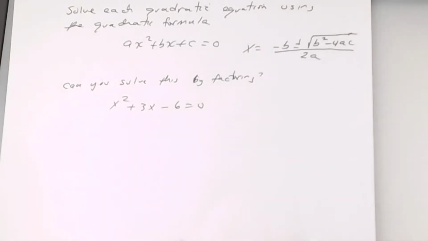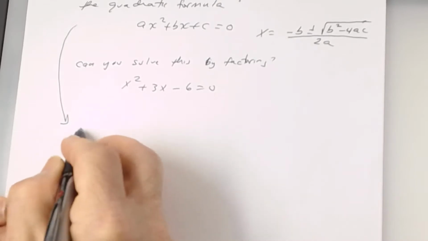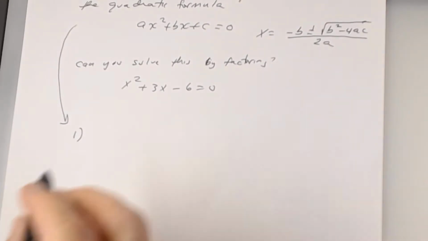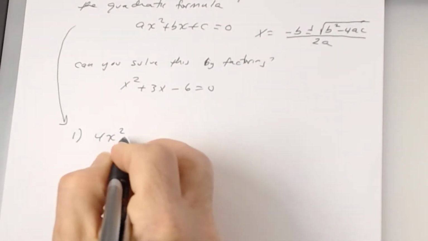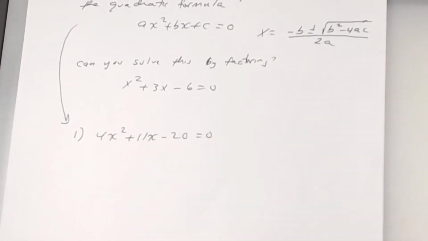Okay? All right, so let's solve each by using the quadratic formula. Number 1. Suppose we had 4x squared plus 11x minus 20 equals 0.